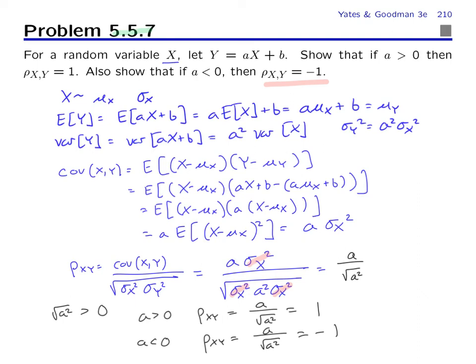For instance, it could be that X is a temperature in Celsius and Y is the same temperature in Fahrenheit. It's really the same temperature. We're just choosing two different units to represent it. And this is the most common place where you get rho equal to +1 or -1: one random variable is the same as the other, just in a different kind of unit.